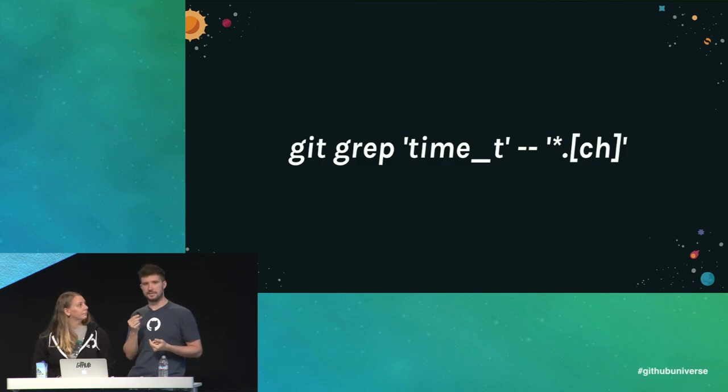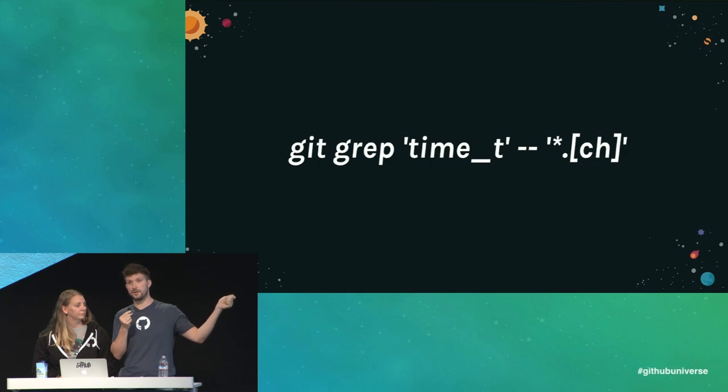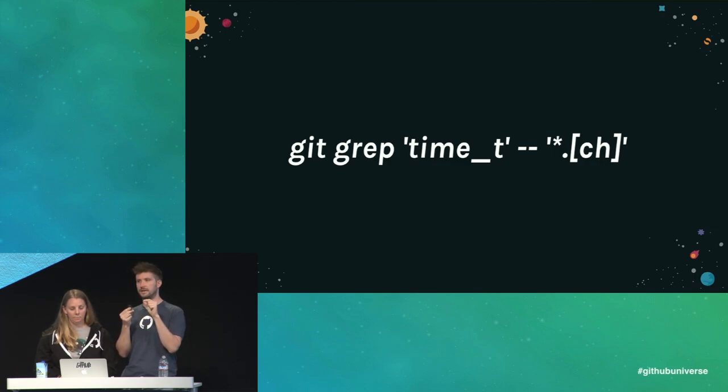What's interesting about this is you can ask git grep to look for this and find all files. So you have the -- file separator there, and you're using a little bit of regular expressions to say, find where this is mentioned in any file, so long as that file has a file extension of C or H. So this is a C application.